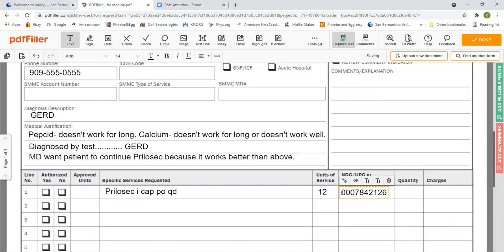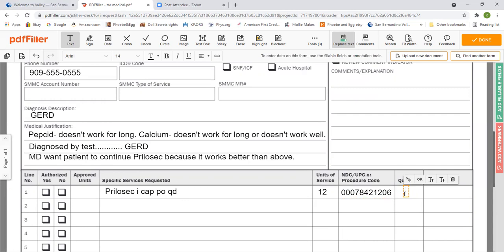And 6 is only 1 digit, so we want to add a leading digit there. So these are the parts of this form, 78, 4212, 06. Those are the parts of the NDC number, but you want it to be in 5 digits, then 4 digits, and then 2 digits.